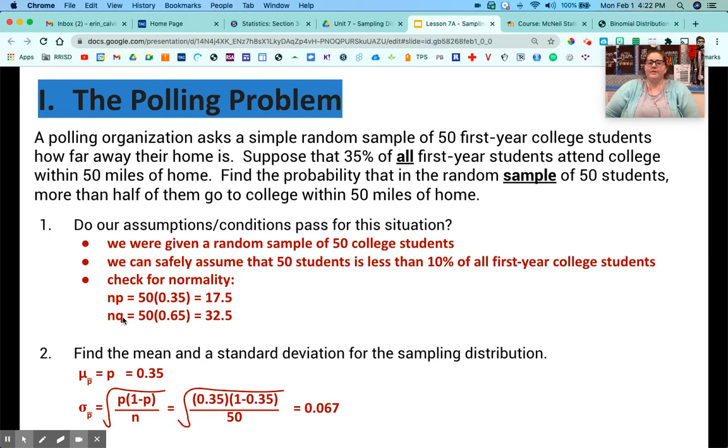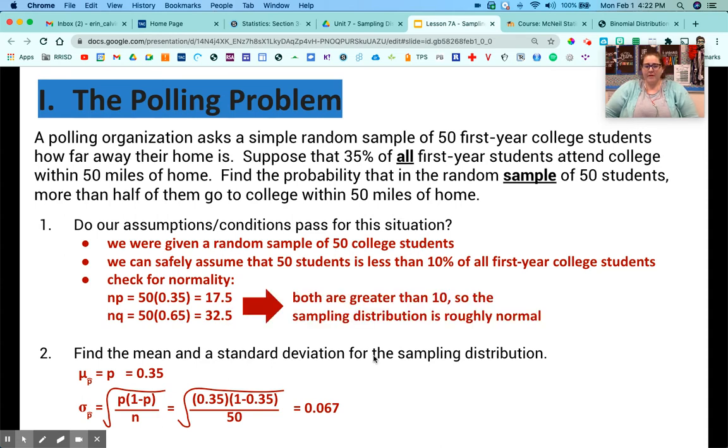And then n times q, remember q is just 1 minus p, so 1 minus 0.35 is 0.65. So 50 times 0.65 is 32.5. Both of those are greater than 10, so that tells us our sampling distribution is going to be roughly normal. Not perfect, perhaps, in real sampling procedures, but it should be fairly close to normal.